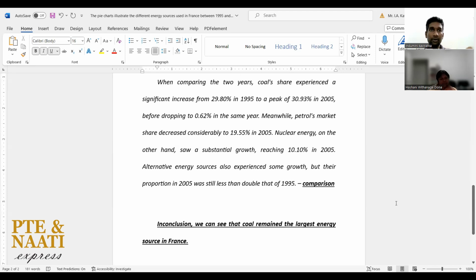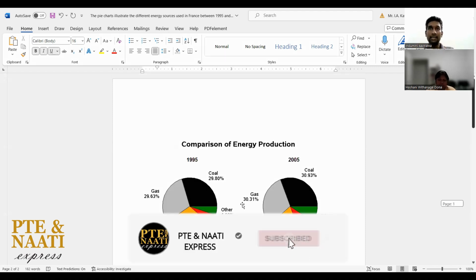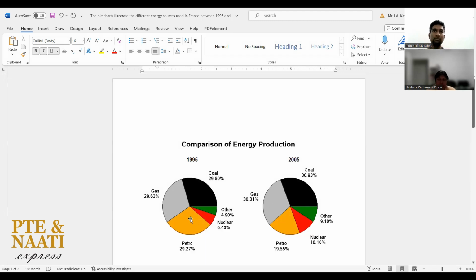Only one sentence concluding the ideas. Or are there any other significant things that you can talk about? You can mention it like the gas has also increased, petrol has actually decreased, so there's no such significant thing from those areas. What is significant is coal remained as the largest energy production.